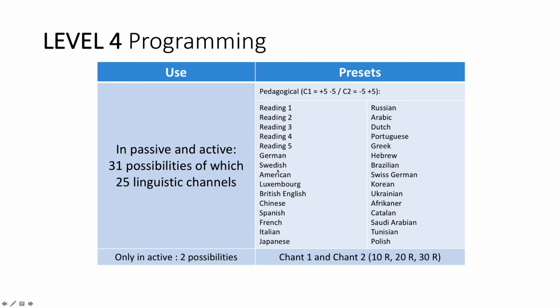When you select, for example, British English on your TalkSup, you automatically have the settings of delay and precession and the gating, the channels, which are the ones of British English. If you select Spanish, you will see that the channels change and that the delay and precession also change. For active, there are always two possibilities, Chen 1 and Chen 2, like in the other levels. So what changes here is that you get all the linguistic settings when you have the level 4 TalkSup.